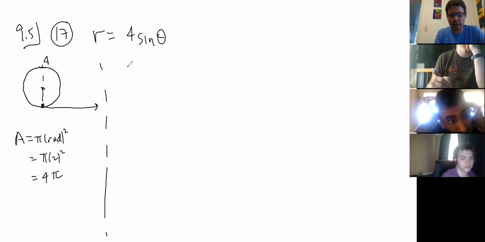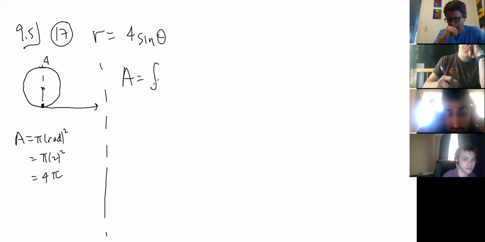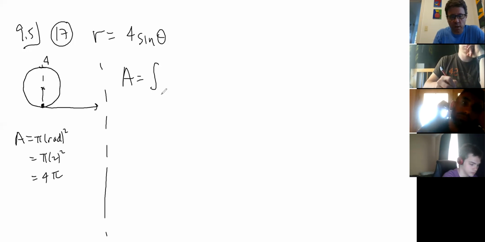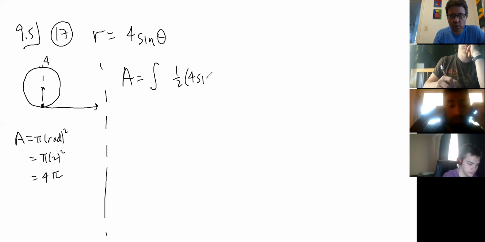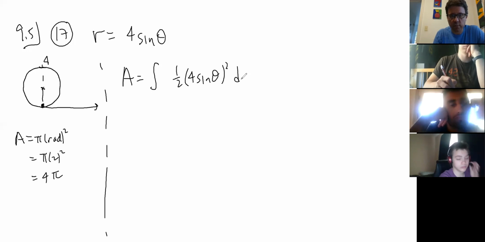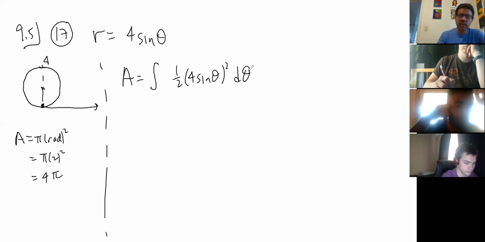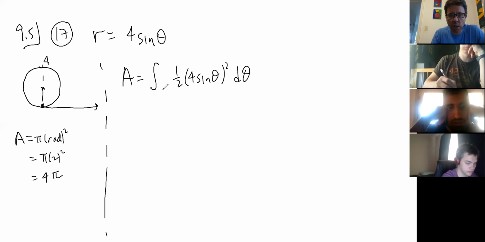So you can practice that. The formula for area is the integral from the lower bound to the upper bound of 1/2 times the function squared. Now, in order to figure out what the bounds are, I need to look at angles until the entire curve is traced out.